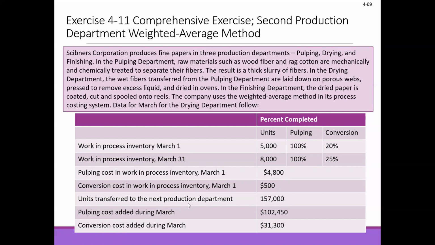And then it shows us pulping cost in work in process at the first of the month. It shows us conversion cost in work in process at the first of the month. It shows us our units transferred to the next department, 157,000 units. It lets us know the pulping cost added during March and the conversion costs added during March.